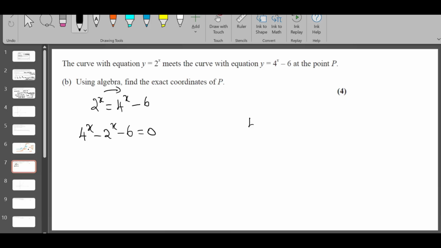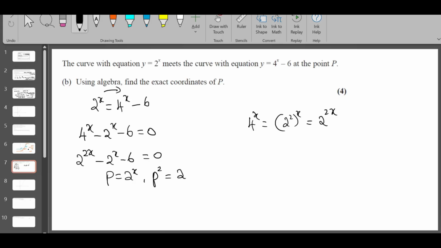I can write 4 power x as 4 is 2 square, so it's 2 to the power 2x, right? 2 to the power 2x minus 2 power x minus 6 is 0. If I take p is equal to 2 power x, p square is going to be 2 power 2x, so it can be converted into a quadratic actually, right?